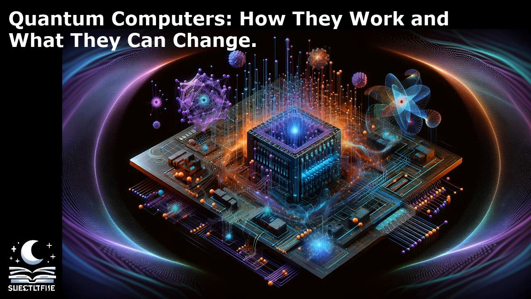For example, quantum supremacy, the point at which a quantum computer can outperform the best classical supercomputers, was demonstrated using a 53-qubit quantum processor. This milestone showcases the potential of quantum computing to surpass classical computing capabilities in specific tasks.